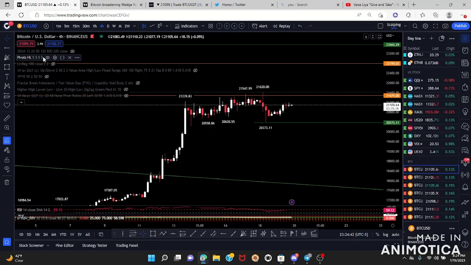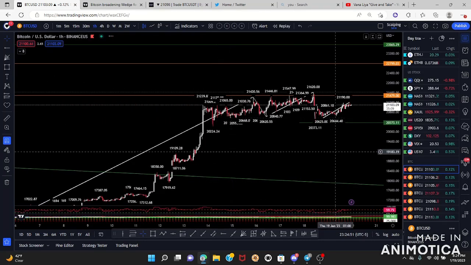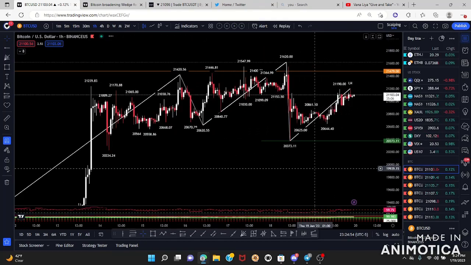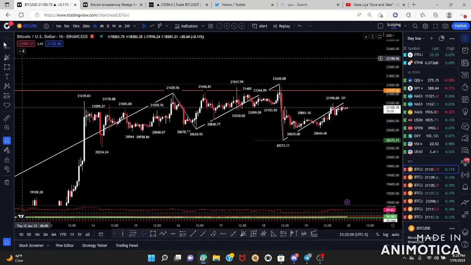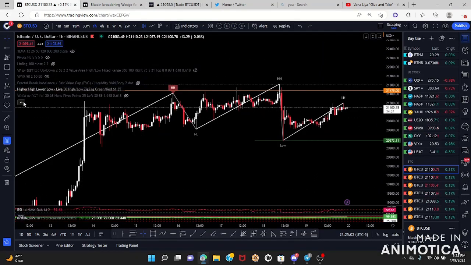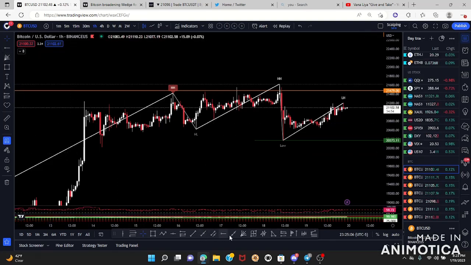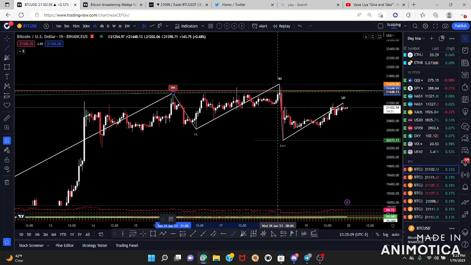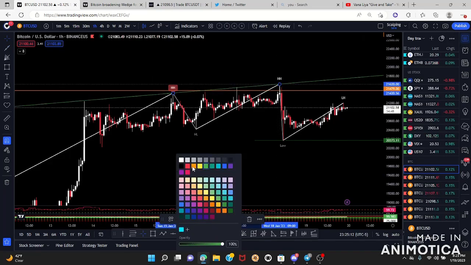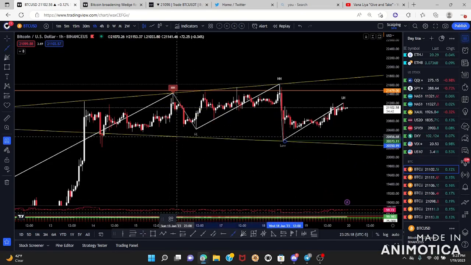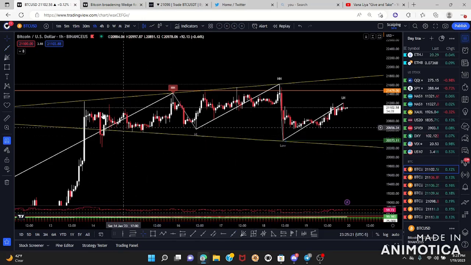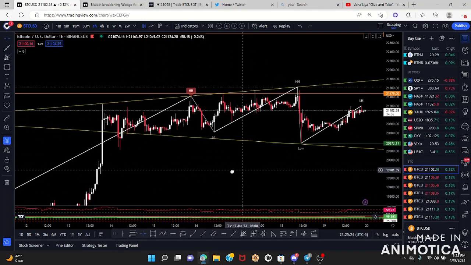But anyhow, I'm going to turn on my higher high, lower low indicator and move into a smaller time frame, and just within the 1 hour, assess it, look at it, see what kind of pattern you're seeing, connect the highs with the trend line. Let's make it yellow so it could pop.